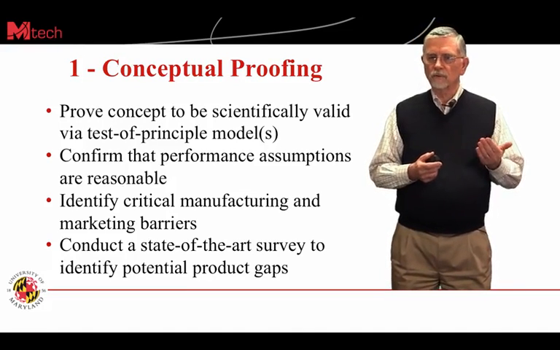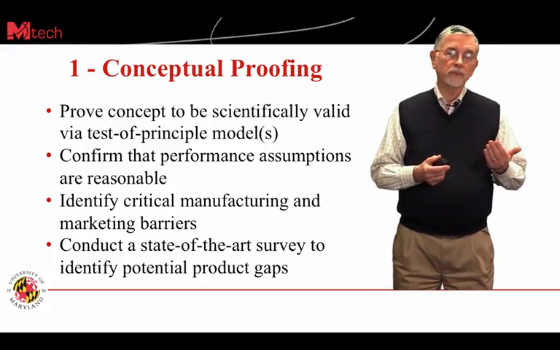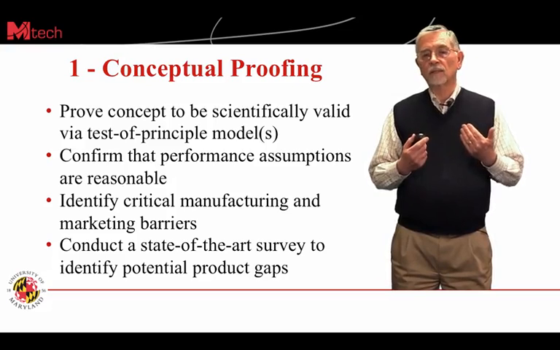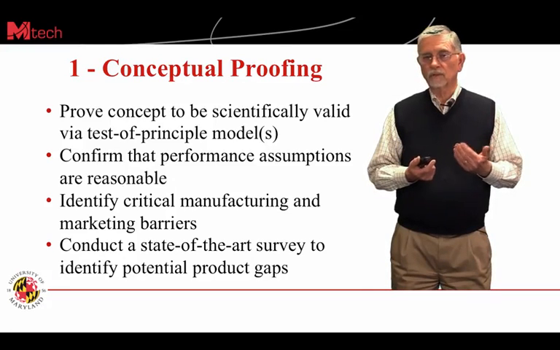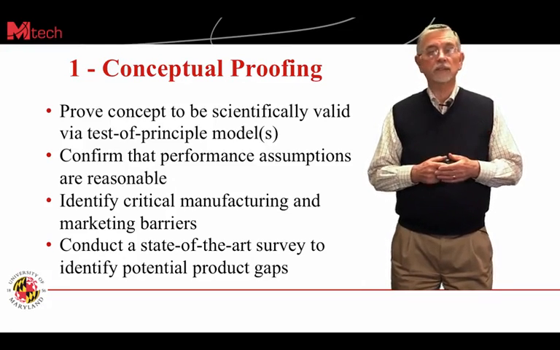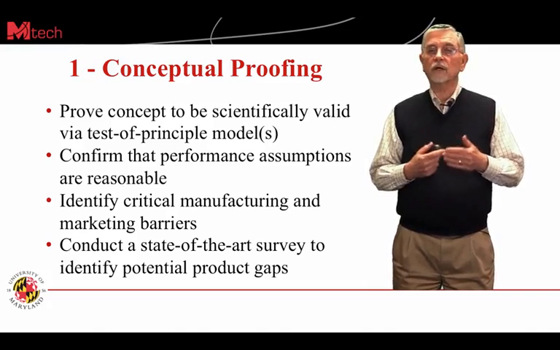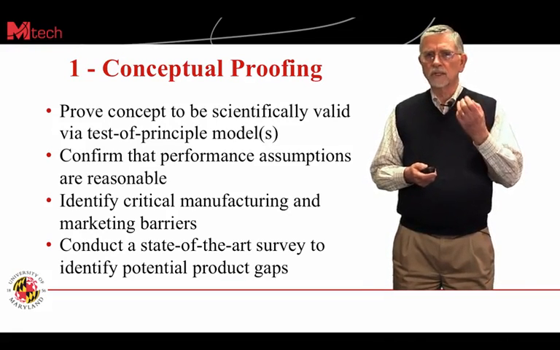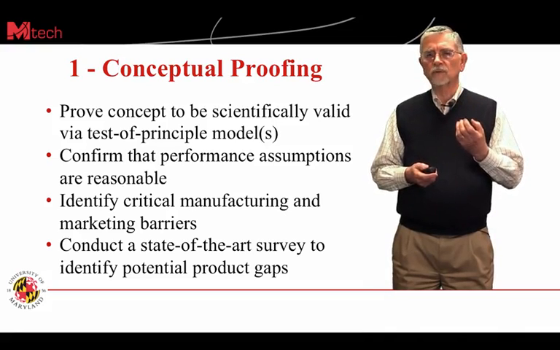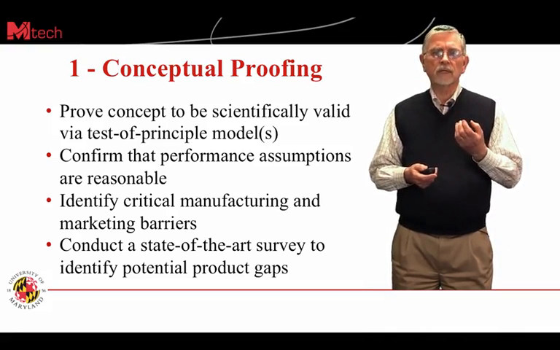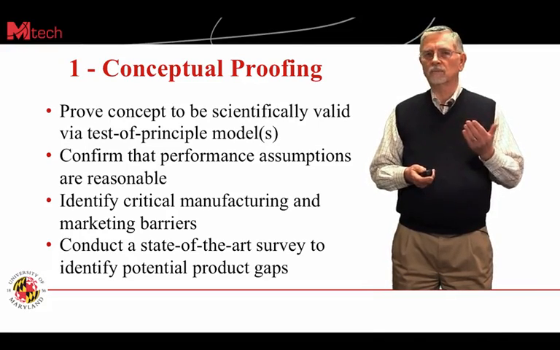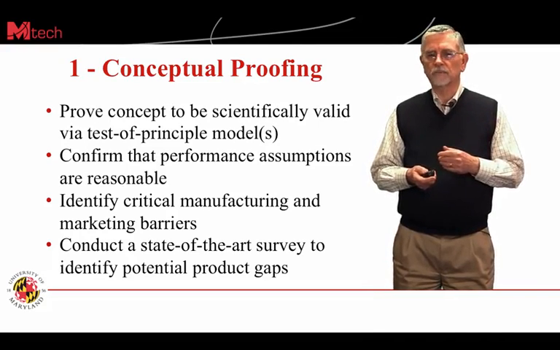And you confirm that performance assumptions are reasonable, and you identify critical manufacturing and marketing barriers. And so you also conduct a state-of-the-art survey to identify potential product gaps that are out in the marketplace. So this stage is a view of whether or not this thing has viability and has legs and has interest in the marketplace.